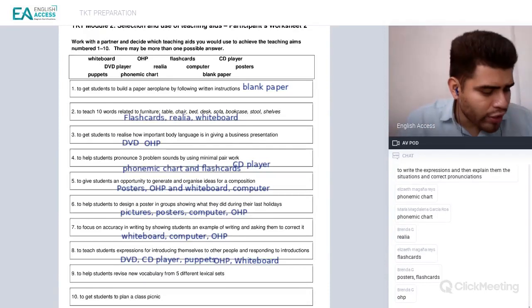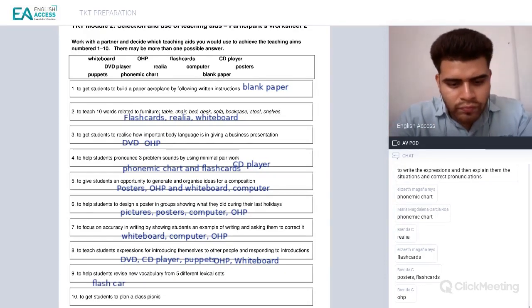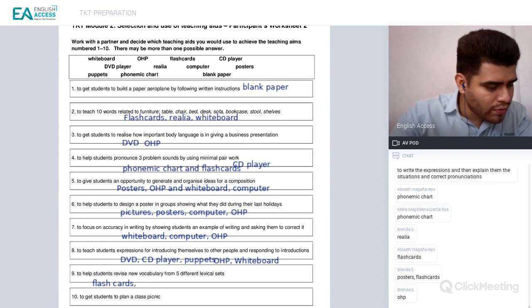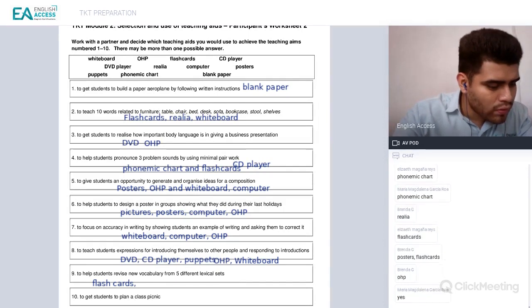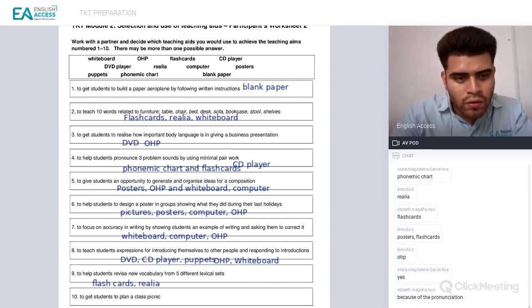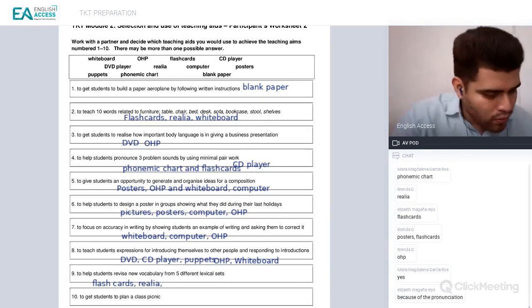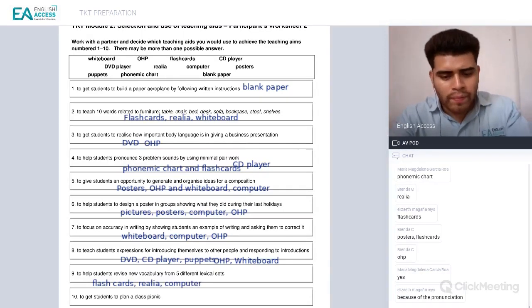Why the phonemic chart? So they can focus on the pronunciation? Okay.